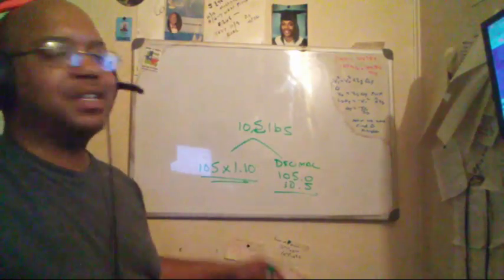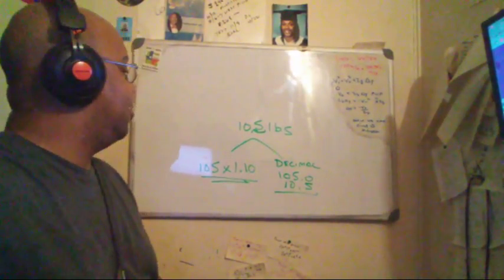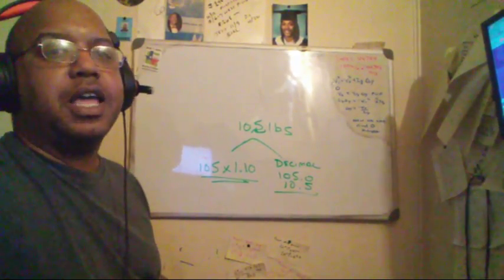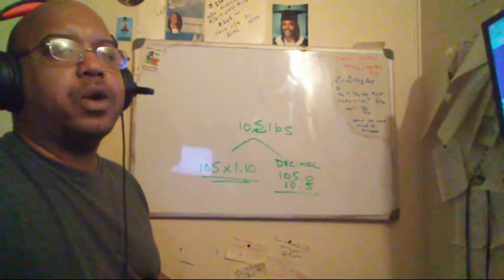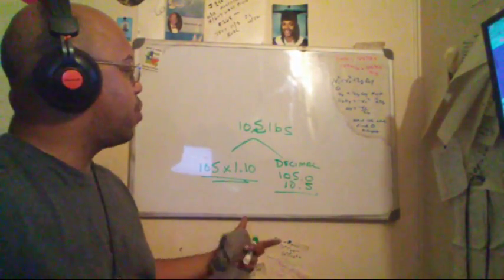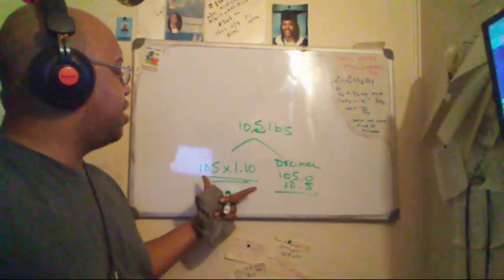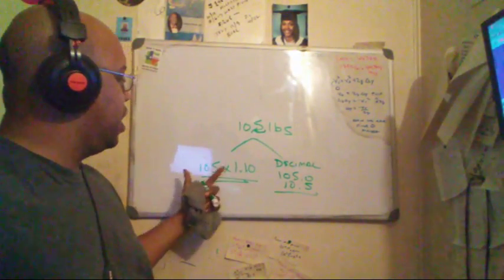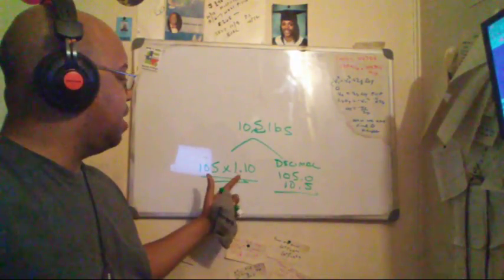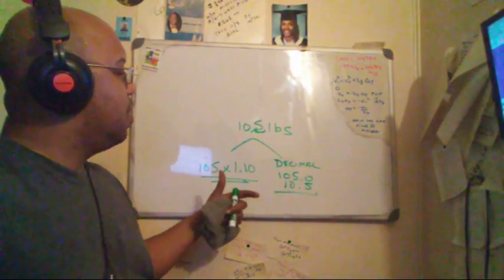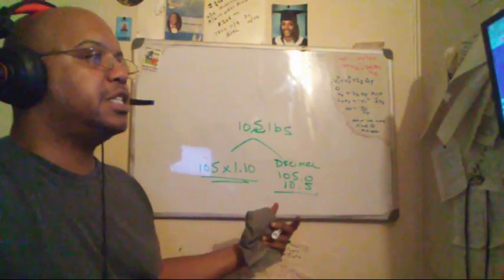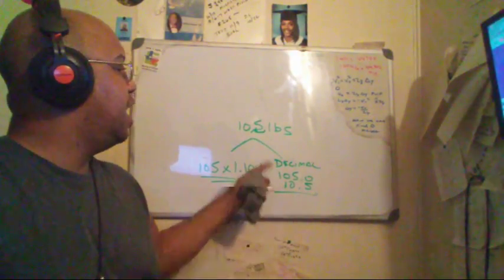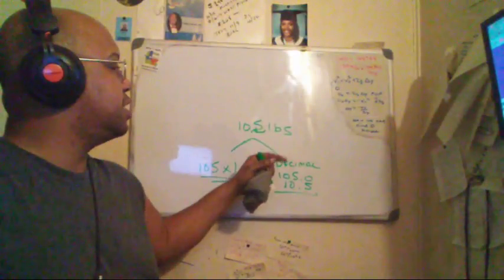Almost forgot about my second method. So there's more than one way to skin a cat. There is no official way. You've got to do whatever works for you. If you're algebraically adept, then you would probably use the 105 times 1.10. For time, like in a standardized test, I probably would use this for speed.